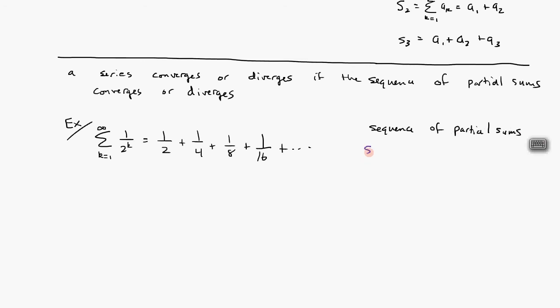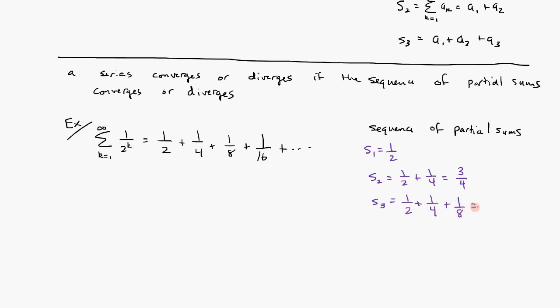So S sub 1 is just the first term, which is 1/2. S sub 2 is the sum of the first two terms, so 1/2 plus 1/4. Calculate this, this is 3/4. S sub 3 is the first three terms, so 1/2 plus 1/4 plus 1/8.